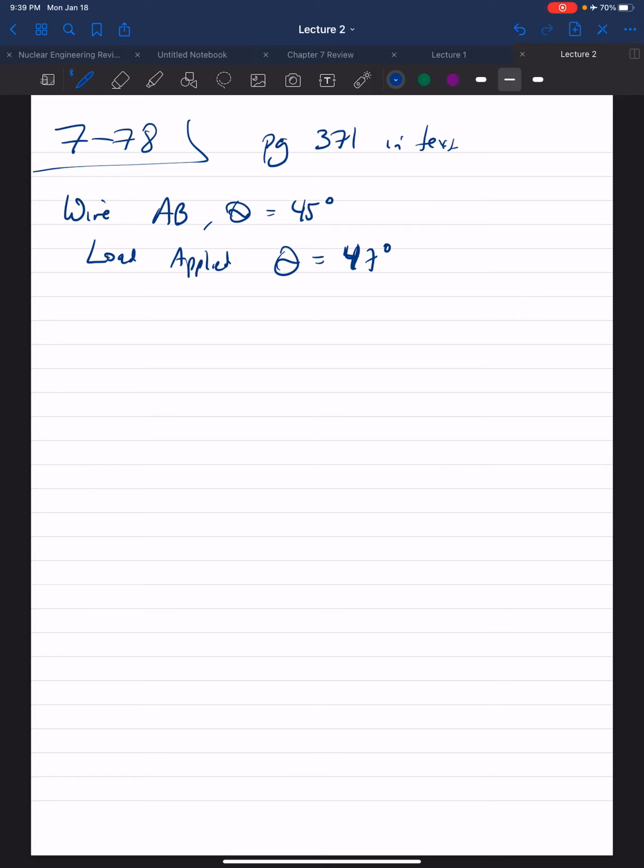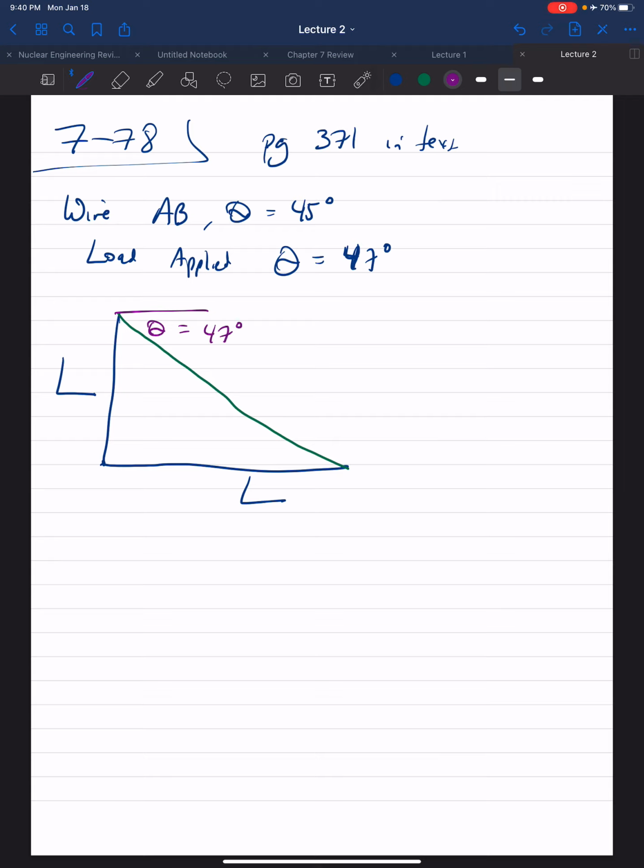Okay, so let's draw a free body diagram. This length here is L. The bar length is L. The wire here, given this angle, this is theta. This is 47 degrees now, so this is 43.